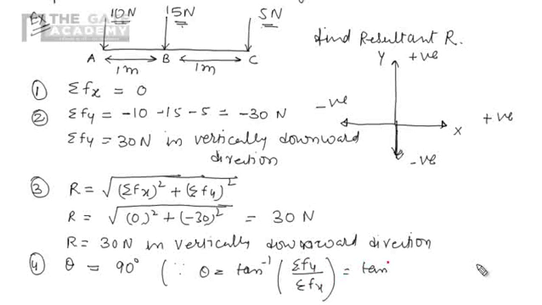So tan inverse of 30 divided by 0 will be 90. So in this way also we can get it. So we have two things: the resultant is 30 Newtons in the vertically downward direction, and the direction is 90 degrees with the x-axis. It means it is vertically downward.